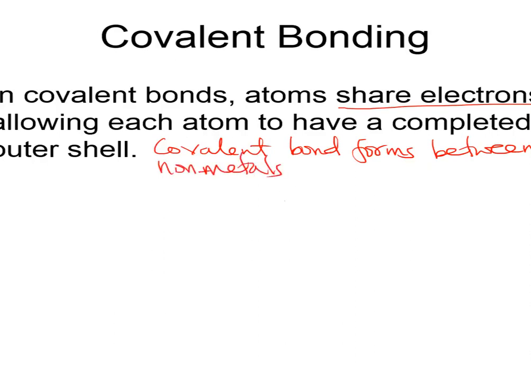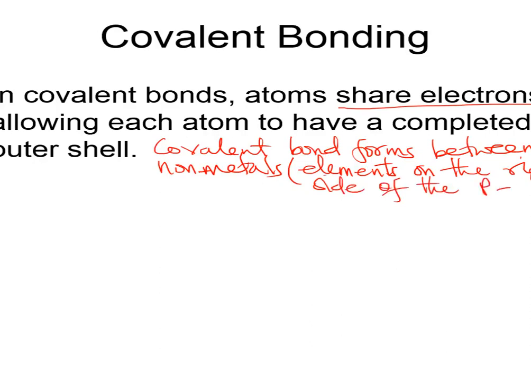So it forms on elements on the right side of the periodic table, but it also includes hydrogen.